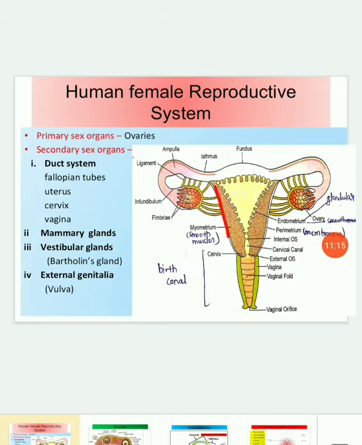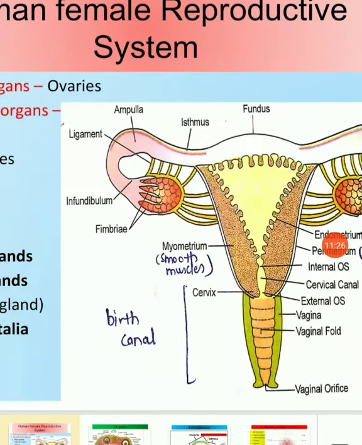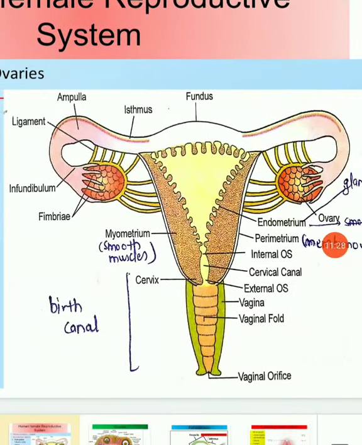The outermost covering is called perimetrium. I'll show you the enlarged view of it. Can you see this one? The outermost is the membranous perimetrium. Now the middle portion is called the myometrium.